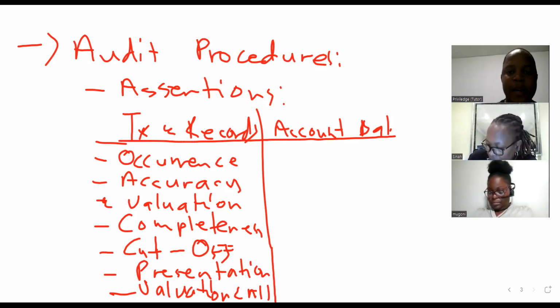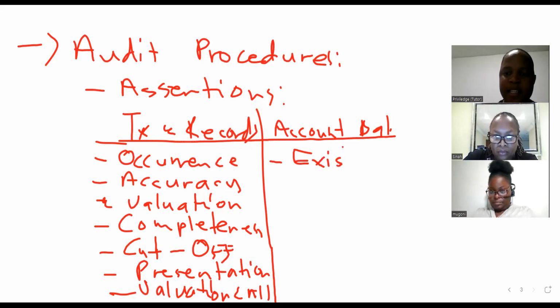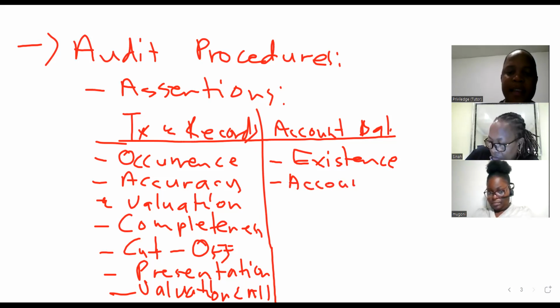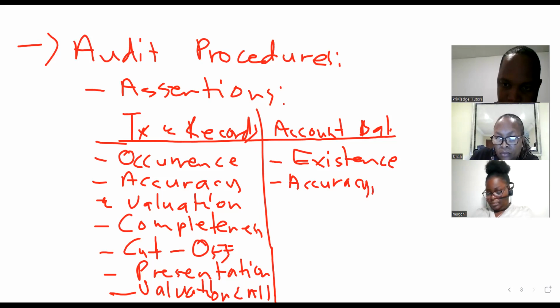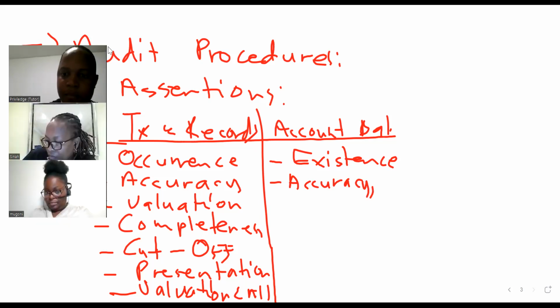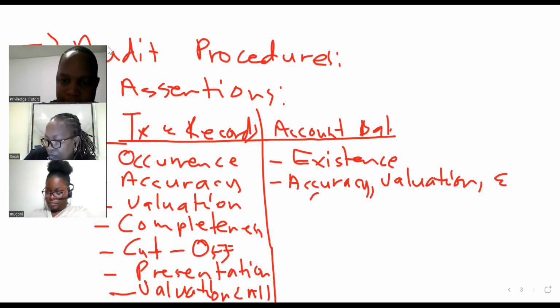Then we go to account balances. Obviously, with a balance, I don't want to test whether it is okay, because a balance doesn't occur, but a balance should exist. So what we'll be testing for is existence. With account balances, yes, I also want to confirm whether there is accuracy, valuation, and allocation.